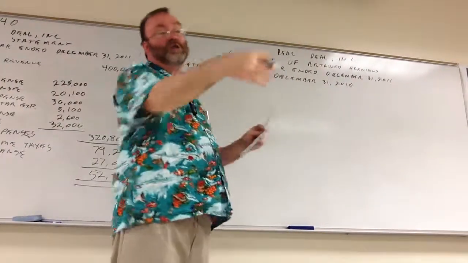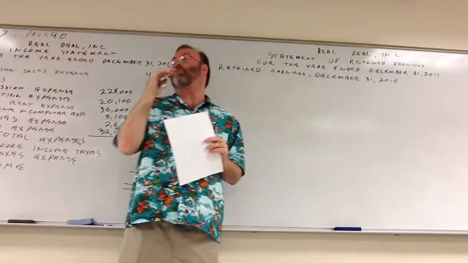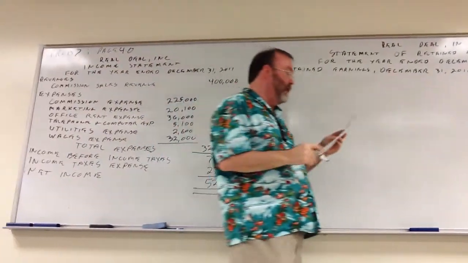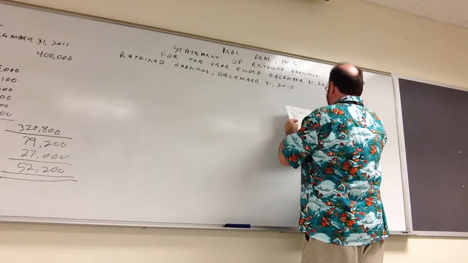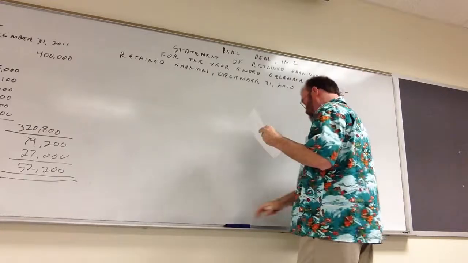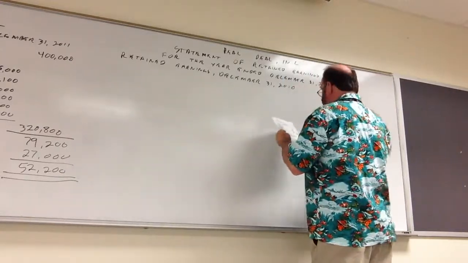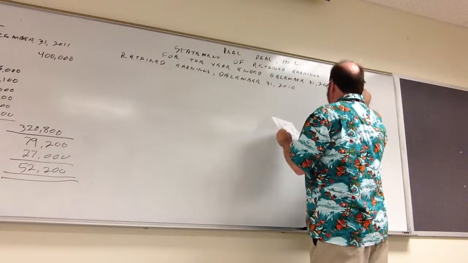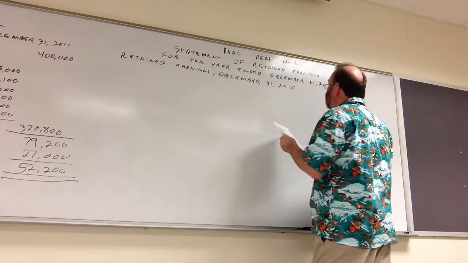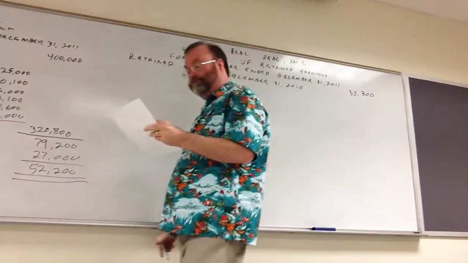So the one exception on that listing in the textbook was the retained earnings balance was as of last year, which we started the year with: $35,300 in retained earnings.